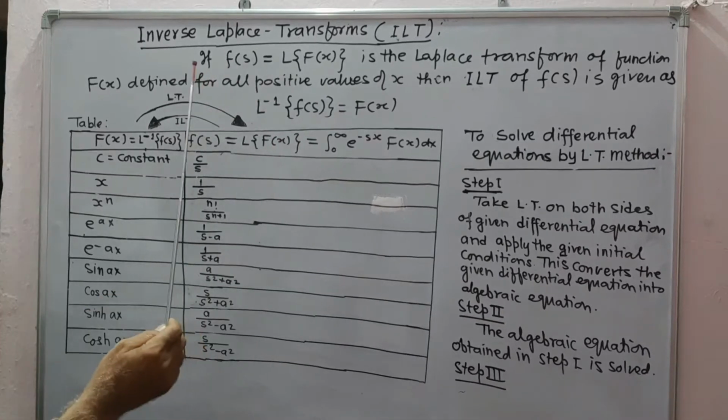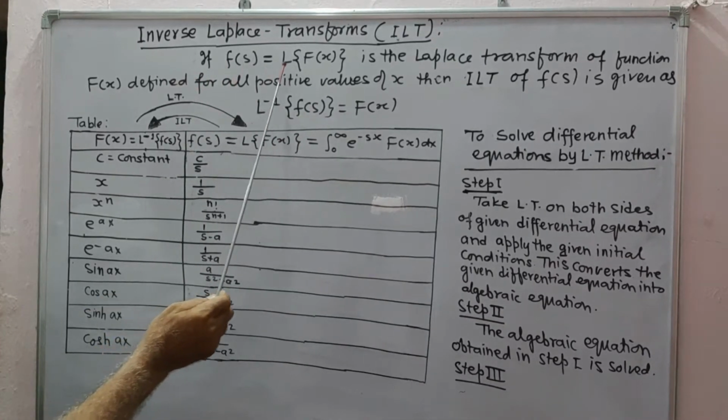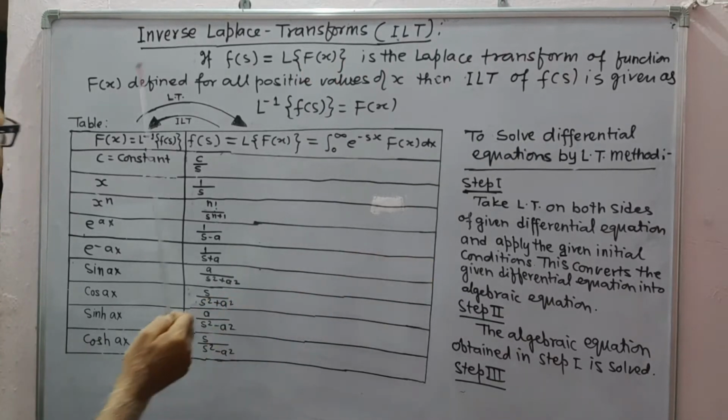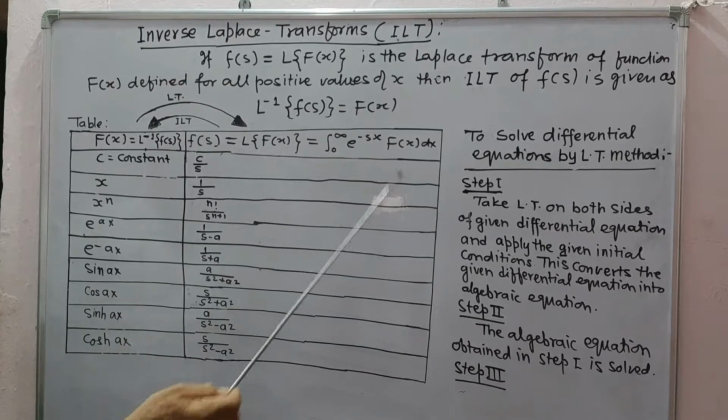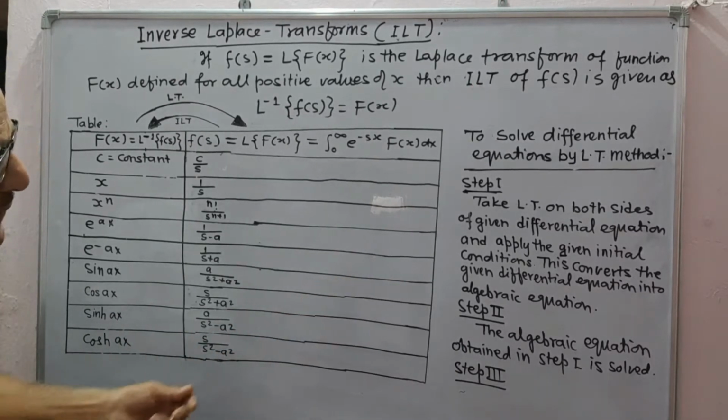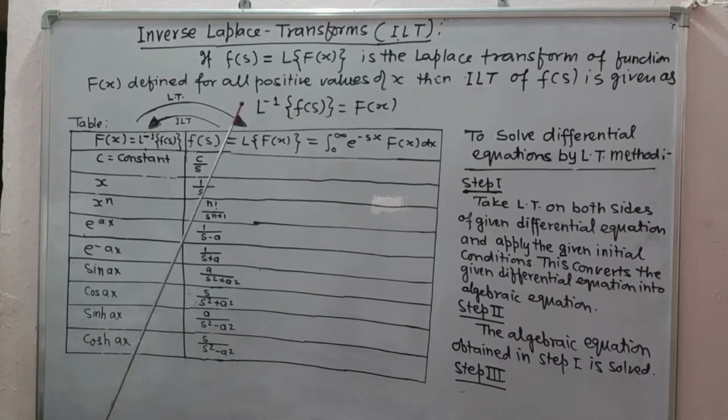So, if F(s) is equal to Laplace transform of f(x), the Laplace transform of function f(x) defined for all positive values of x, then inverse Laplace transform of F(s) is given by this relation: L inverse of F(s) is equal to f(x). That is, Laplace transform of f(x) is F(s) and its inverse Laplace transform is f(x).